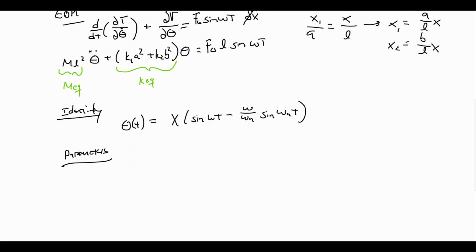So our natural frequency is going to be, again, root k over m. And we're going to have our k is k1 a squared plus k2 b squared over m L squared.